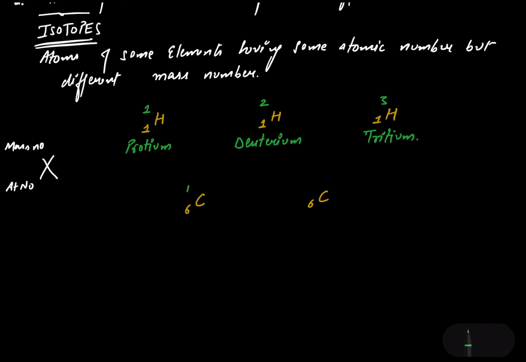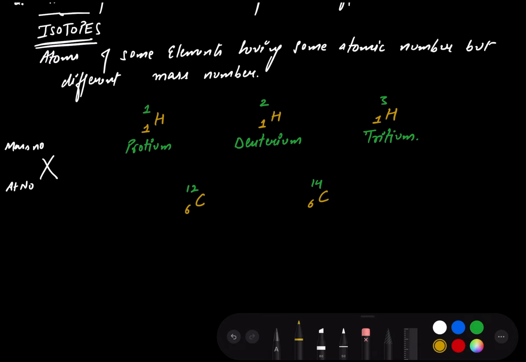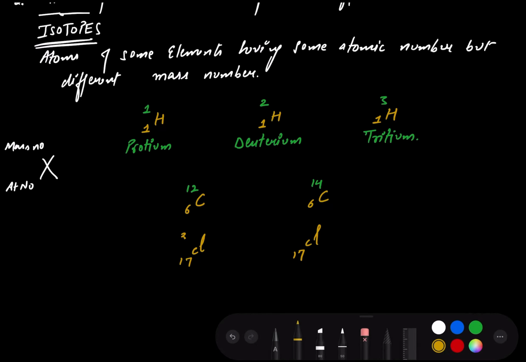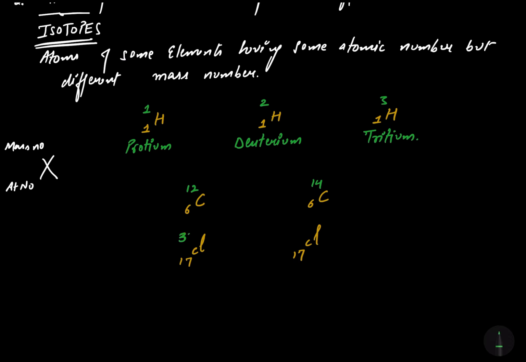The mass number can be 12 or it can also be 14. Let me give you another example: chlorine and chlorine. The atomic number is 17 and that's also 17. Here the first mass number is 35 and this one is 37.